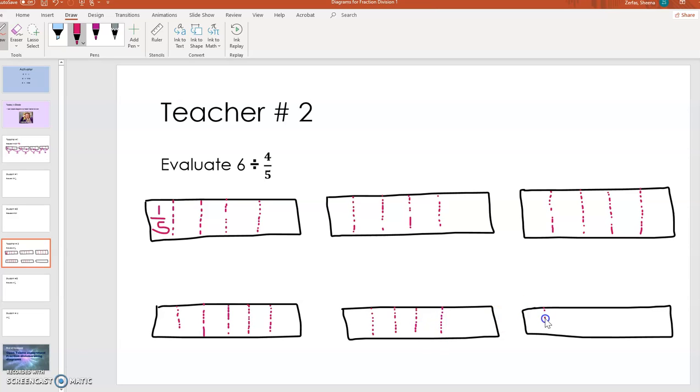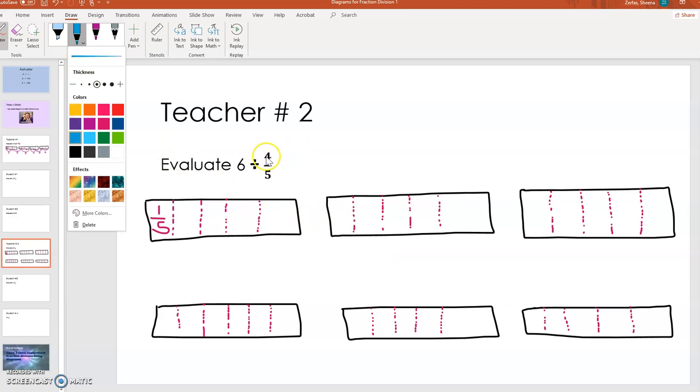Almost there, one more. Alright, so now I have my 6 wholes broken up into fifths. So now I'm going to go through and count out this time groups of 4/5.